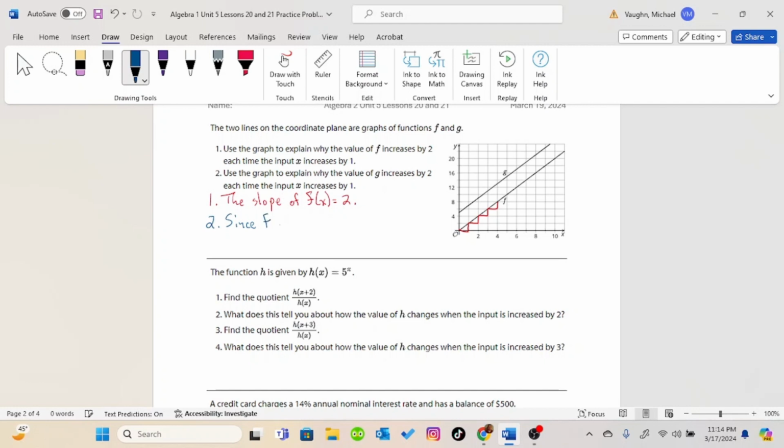Since f and g are parallel, they have the same slope, which is 2. So this is why every time x increases by 1, y increases by 2.